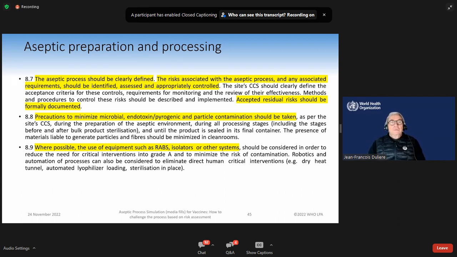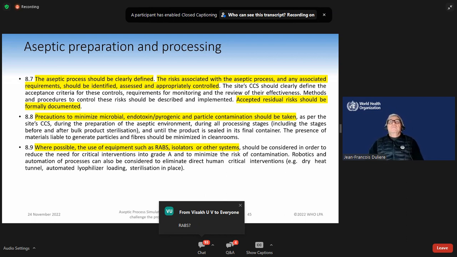That means that when you do an aseptic process simulation, you will have to document it in a proper way. You will need to make good protocols based on your processes to assess all the risk you have identified. Your aseptic process simulation will have to cover all the remaining risk you have identified and accepted.